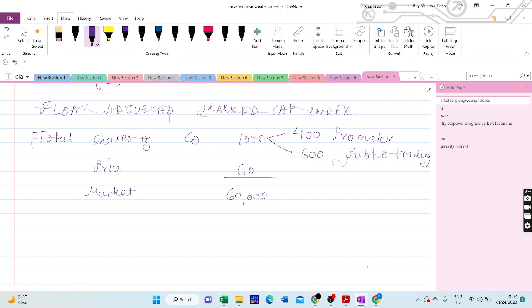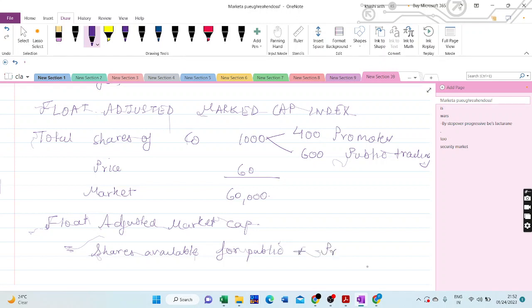Then the float adjusted market cap of the stock would be, please write down: shares available for public trading into price. How many shares are available for public trading? 600, into price 60.